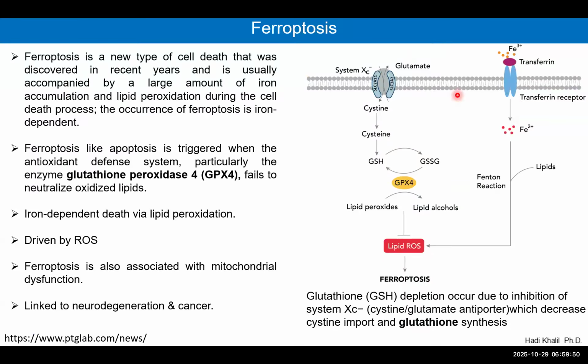So ferroptosis, just to mention, is very well dependent on the level of the antioxidants. So in other words, if the glutathione is not produced in the cell by the enzyme glutathione peroxidase 4, the moment that this enzyme fails to produce the glutathione, then ferroptosis takes place.